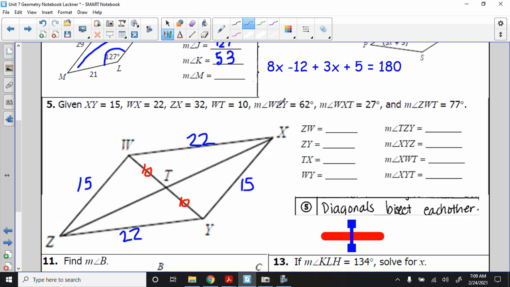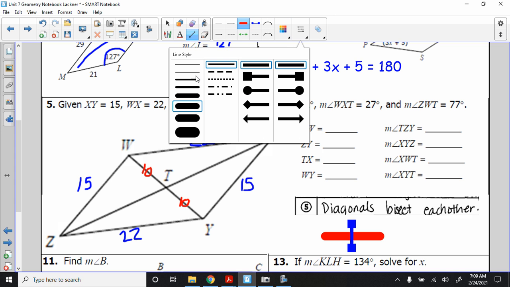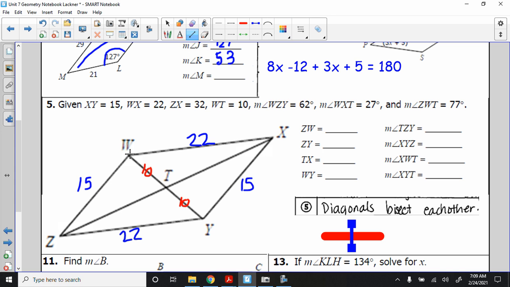All right, now take a look at this. WZY. How in the world do I read that? W to Z to Y. We start at W, to Z, to Y. That is that entire bottom corner. Now there's two little angles inside that, and they are not equal to each other. That is not a bisector. These two bisect each other.